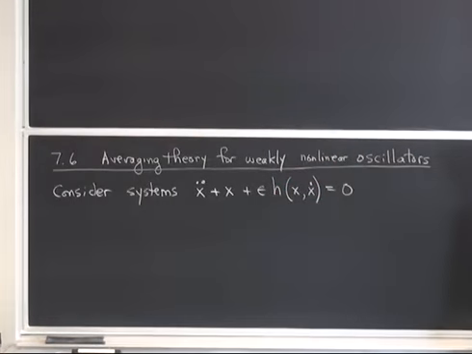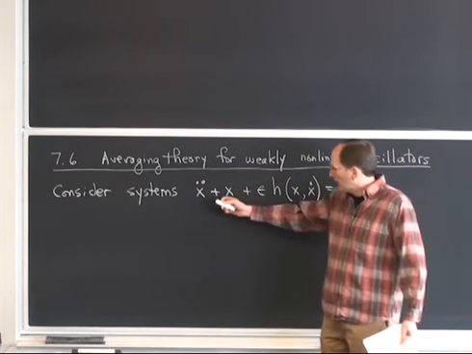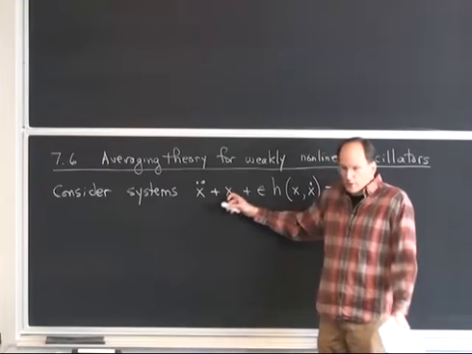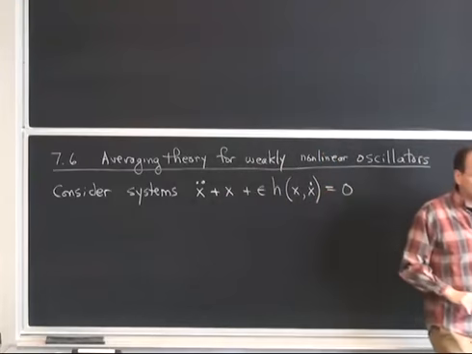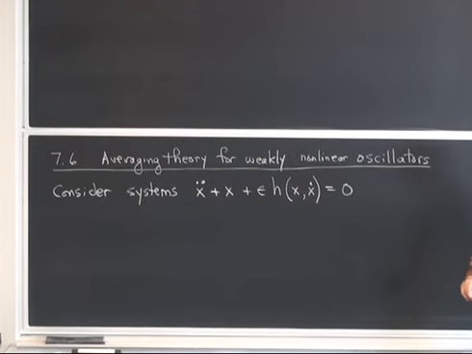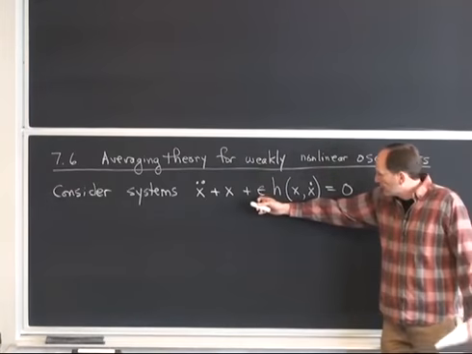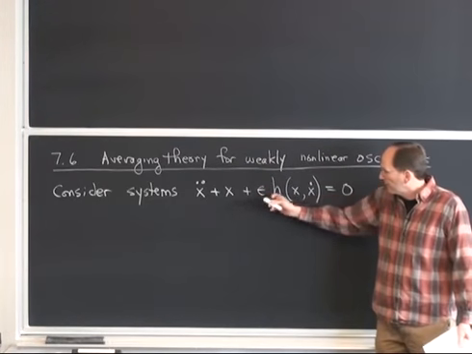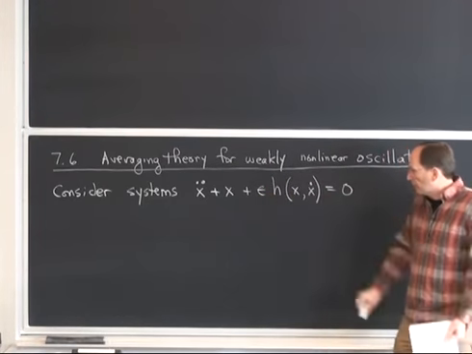So that is, the first two terms look like a simple harmonic oscillator, where we've chosen the time scale to be normalized in such a way that the simple harmonic oscillator on its own would have angular frequency of 1, period 2 pi. But then there's this small correction to it, epsilon, times some function of X and X dot.